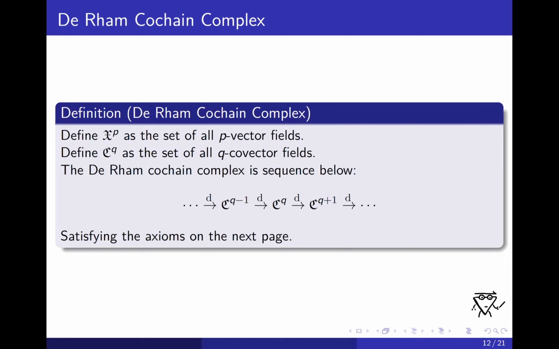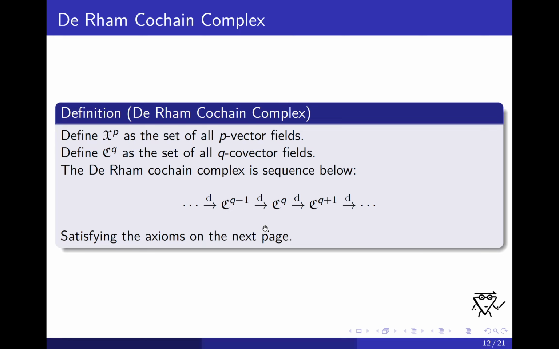De Rham is a mathematician, and I think I don't need to explain this, but a cochain complex is a homological object. That is, you have a chain of abelian groups, or you have a chain of vector spaces. Here you have a chain of vector spaces over R. You can also work with C, then you get the Dolbeault cohomology, but it's an overcomplication, so I won't introduce it here. And in addition to the spaces, you also get some maps.